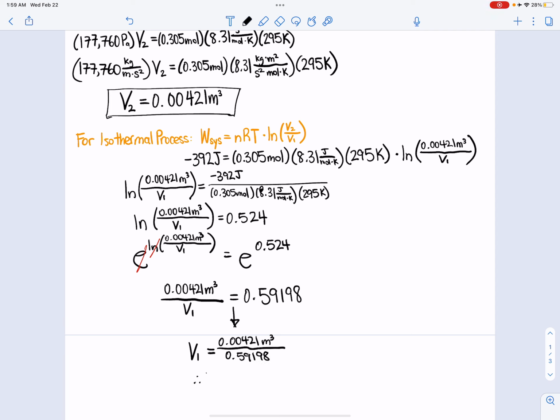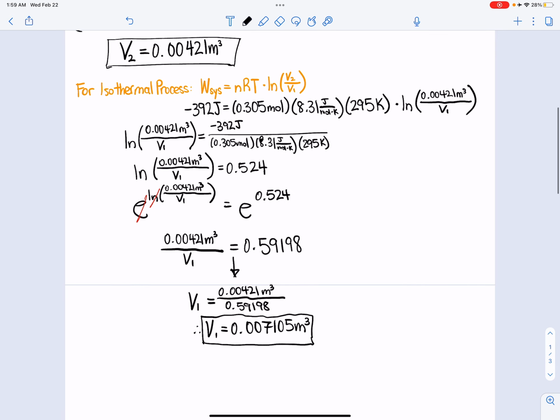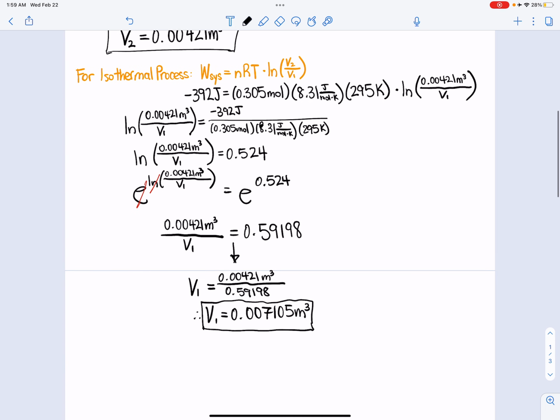So therefore, V1 is equal to 0.007105 cubic meters, okay? My sig figs are not accurate, but I'm just trying to solve the problem and provide some more understanding towards it.